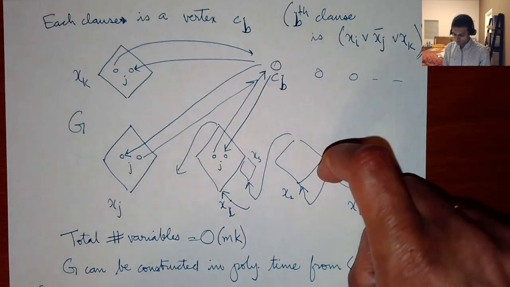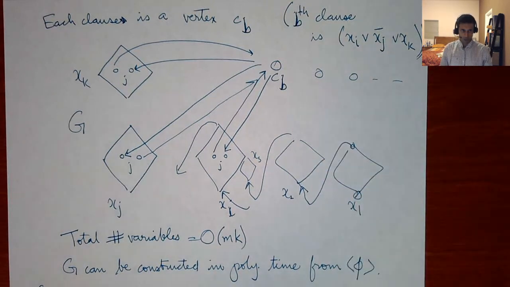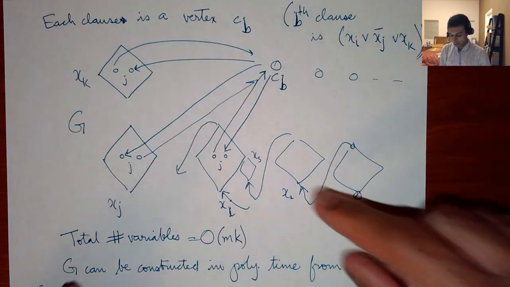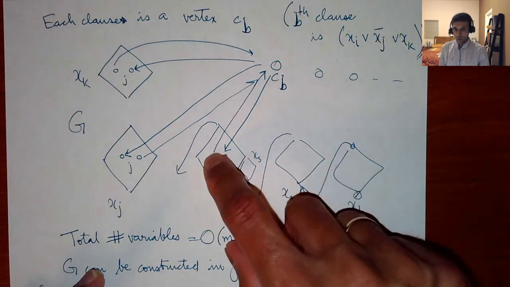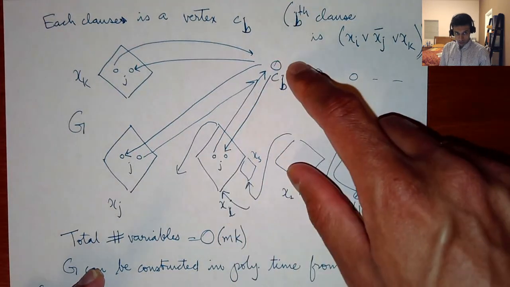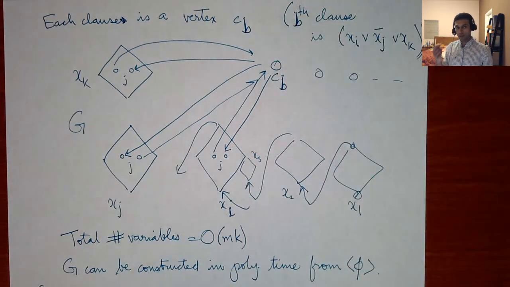This you can enforce in the if direction because you're constructing your Hamiltonian path. But on the other side, if you say that if there exists a Hamiltonian path, there exists a satisfying assignment, you want to ensure that when your path goes to a clause, it returns to the variable where it came from. It doesn't jump to another clause.